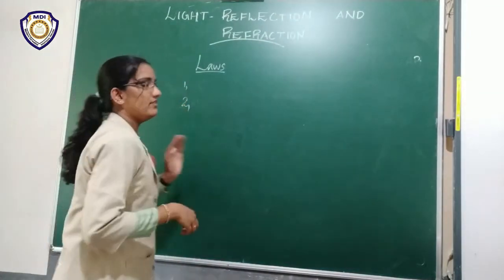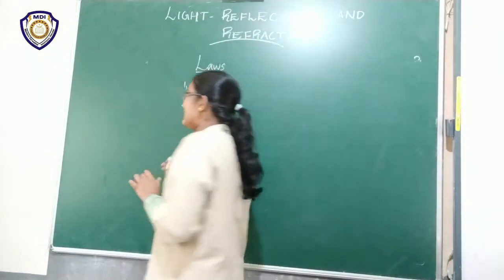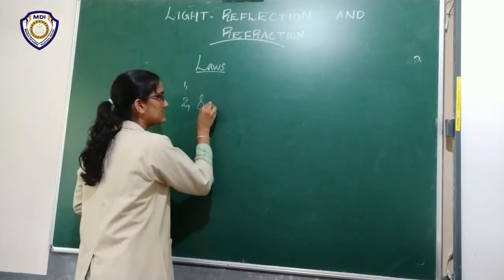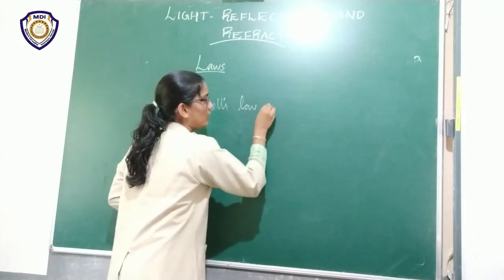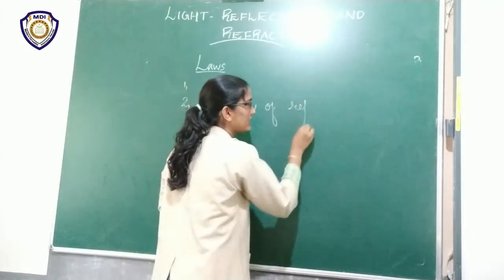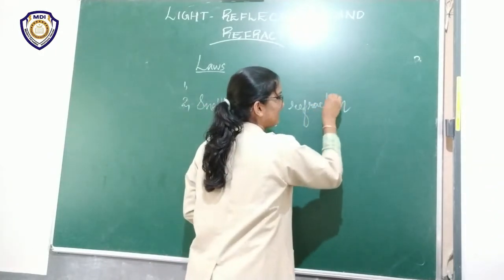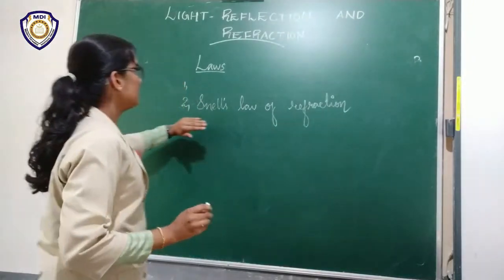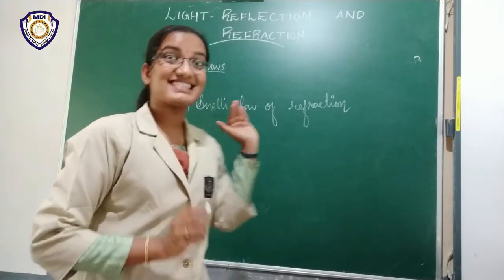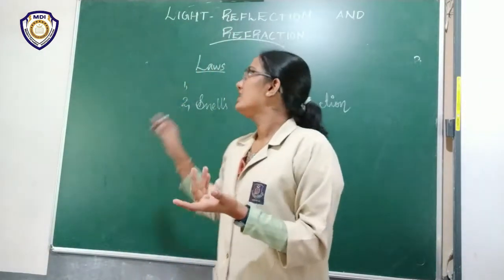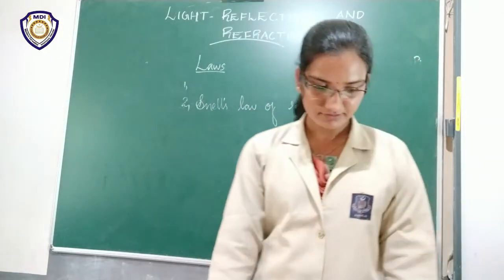Next, the second law. What is the second law? The second law is also known as Snell's law of refraction. Snell proposed this law, so it is known as Snell's law of refraction.